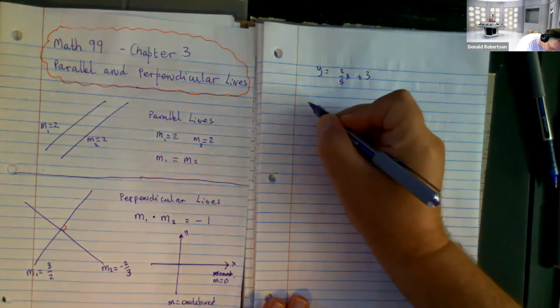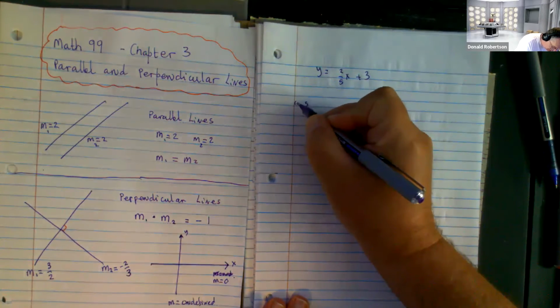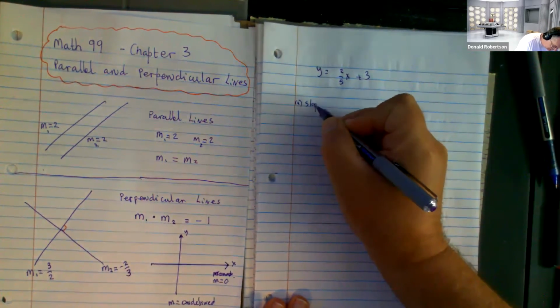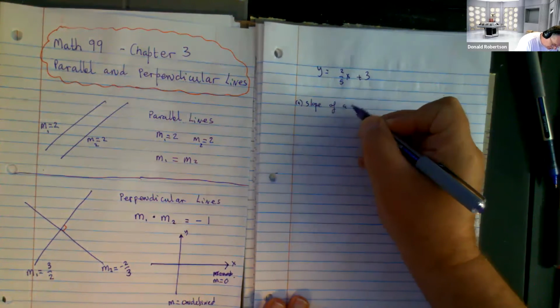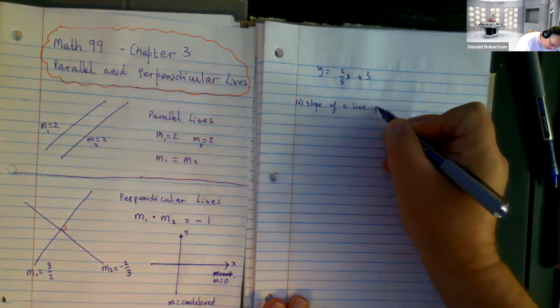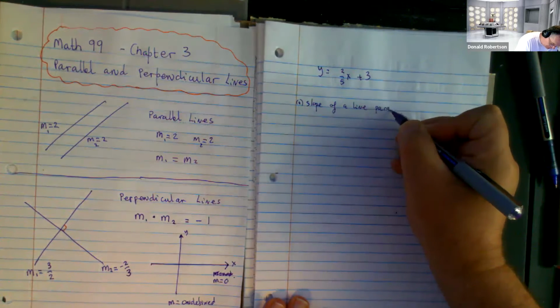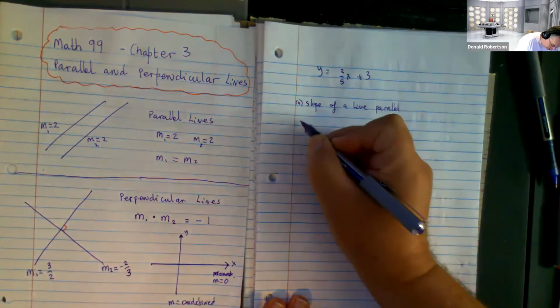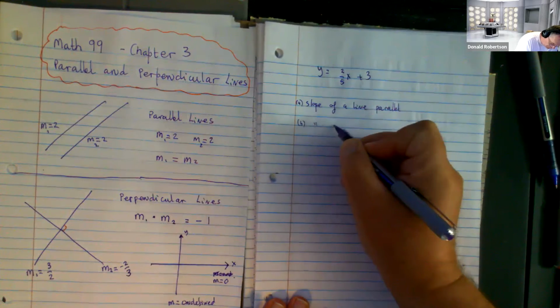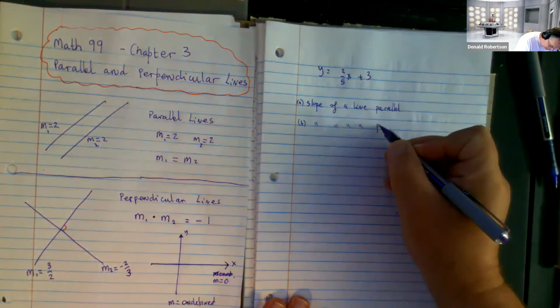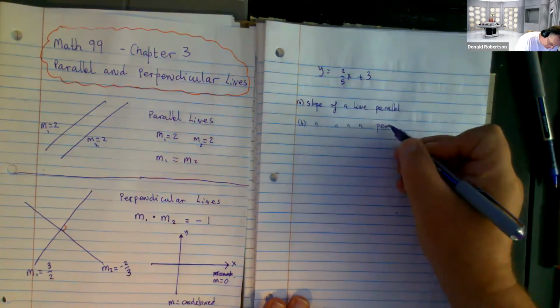And I ask you for the slope of a line that's parallel to this one. And then I ask you to find the slope of a line that's perpendicular to this line here.